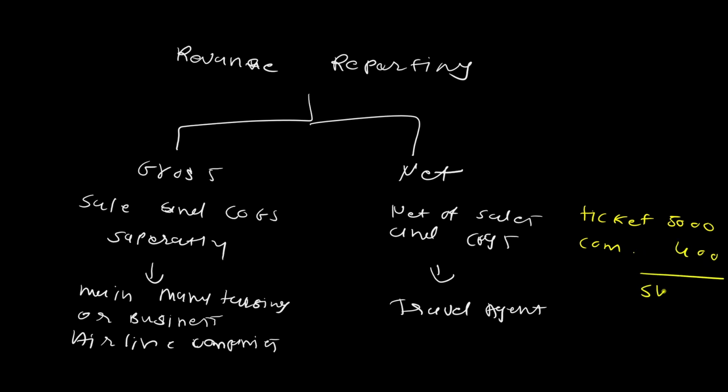Then he will get 5,400. But the ticket price is not his earnings. He only reports revenue as 400 and his other expense for that 20. So he will report only the net of his commission, not the total 5,000 of the ticket.